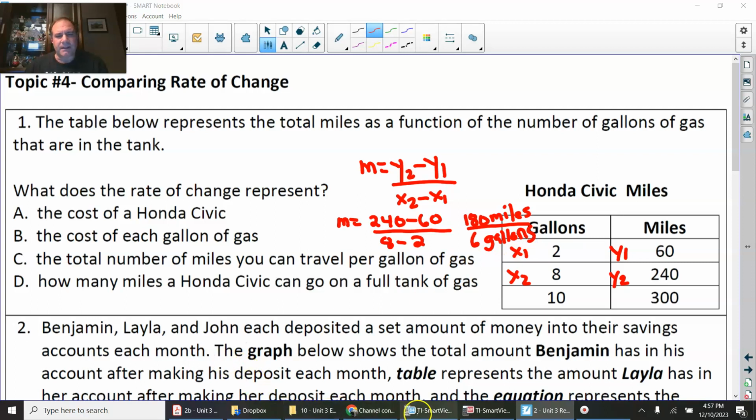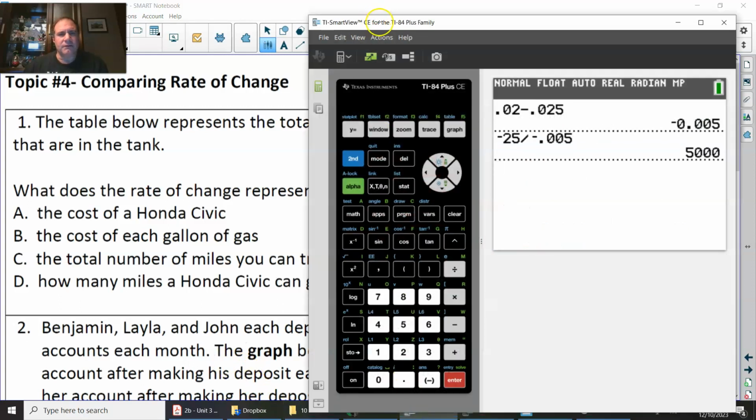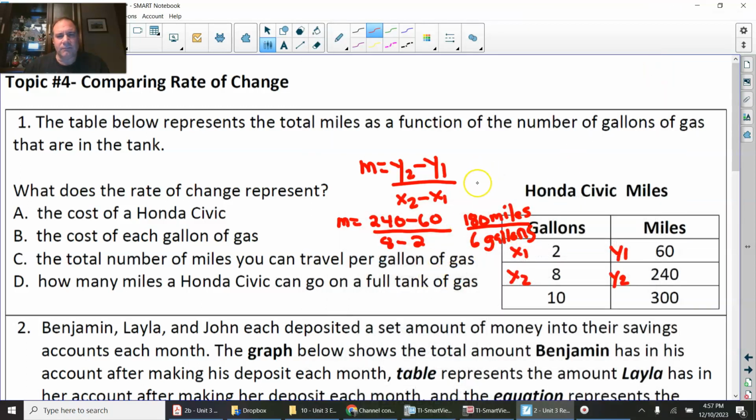So I'm going to grab my calculator and just figure out 180 divided by 6. So now, when I'm reading this, it's 30 miles per 1 gallon. So 30 miles to the gallon.